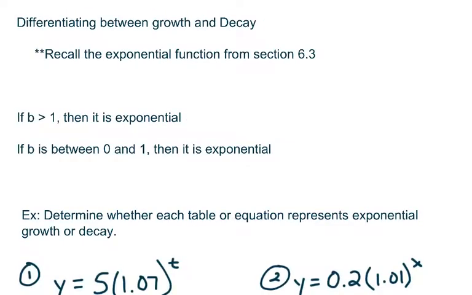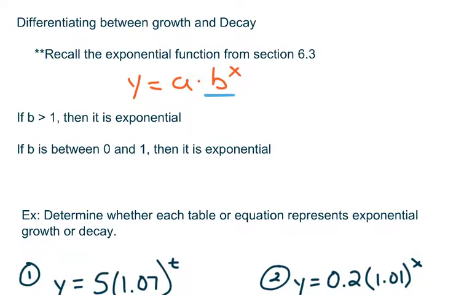So how do you tell the difference between growth and decay if you just were given an equation? Well, if we think about the exponential function from section 6.3, so that's y equals a times b to the x power. How do you know whether it's growth or whether it's decay? Well, that's where we need to look at our b value. So this one right here. So I'm going to underline this here in blue.